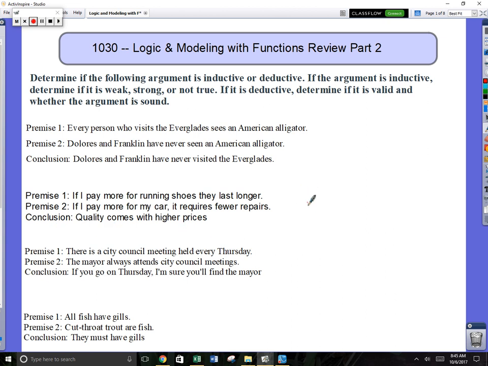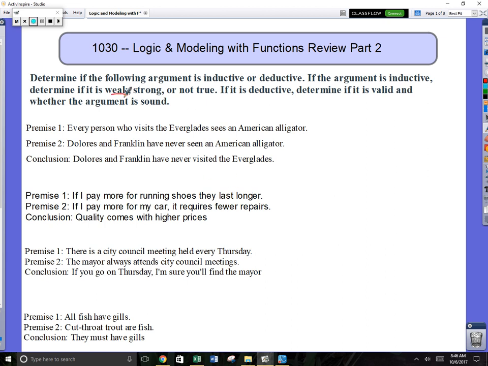Now this is an inductive argument. They're observing 2 scenarios, shoes and cars, and they're determining off those 2 observations that quality in general for any item comes with higher prices. So they're basing their conclusion off of 2 observations. It's inductive.